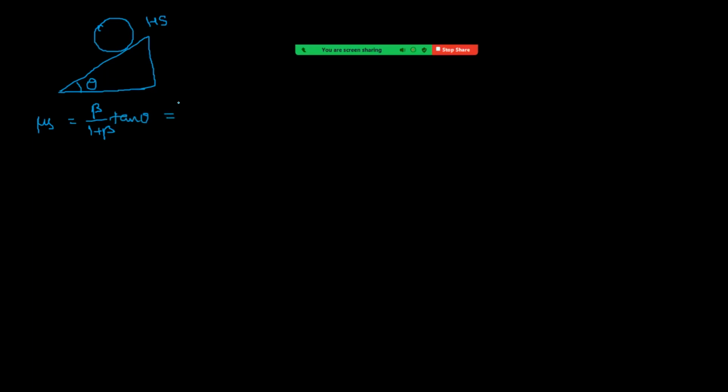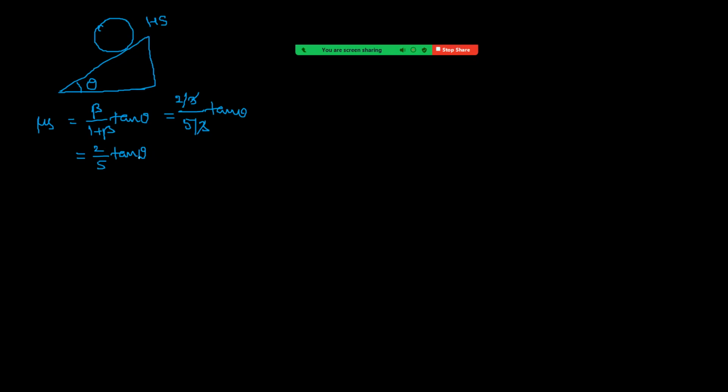In case of a hollow sphere, beta value is 2 by 3. So 2 by 3 upon 1 plus 2 by 3, that is 5 by 3 tan theta. That means this value is 2 upon 5 tan theta. Okay. So this is the minimum coefficient of friction required to have rolling without slipping.